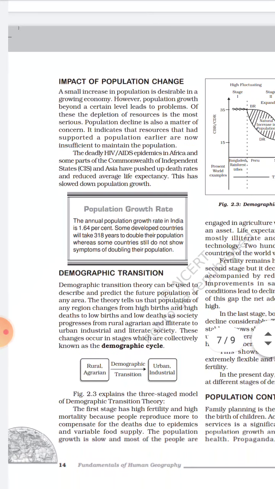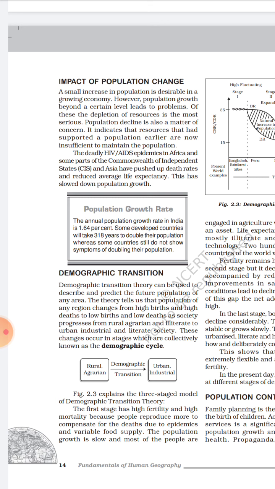A small increase in population is desirable in a growing economy. As you know, a large number of people will consume more resources, and it will lead to the depletion of resources.